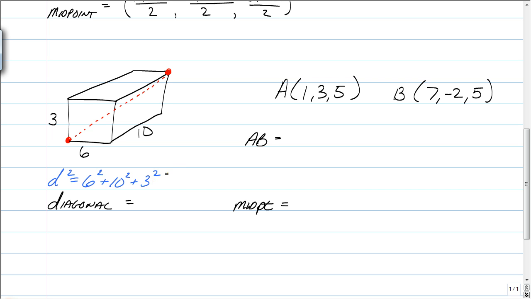Okay, and then all you really have to do is add all of those up and take the square root, and you're just going to end up with a diagonal of square root of 145 or approximately 12.0 something. And that's just it. All you have to do is use basically a 3-dimensional Pythagorean theorem.